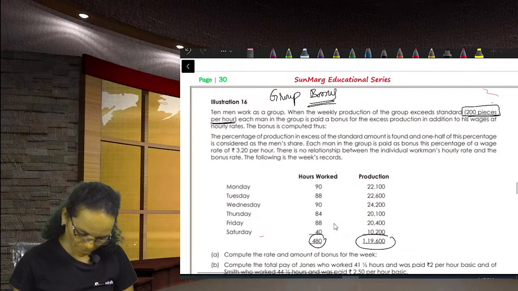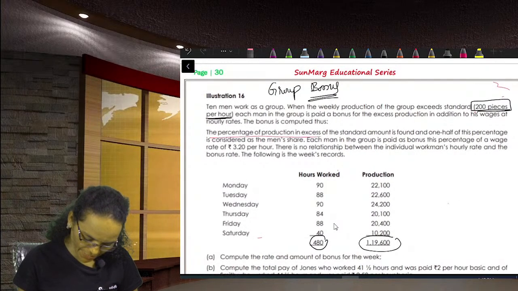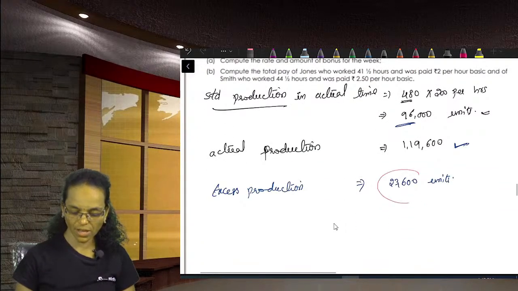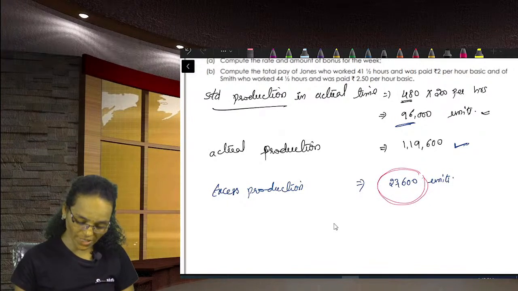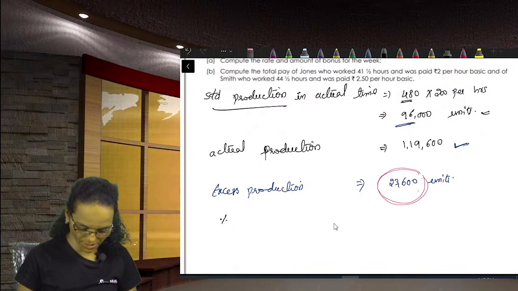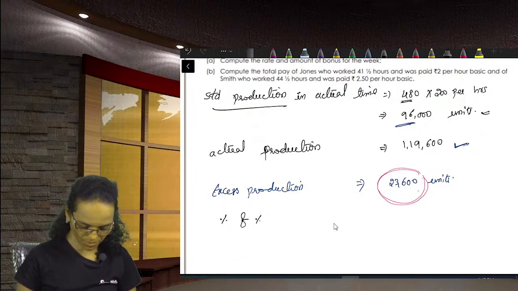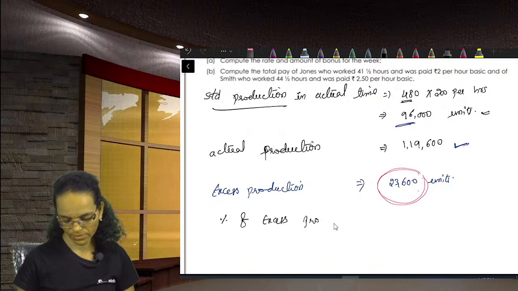See, again come back to the question: the percentage of production in excess of the standard amount. These many units they produced in excess, so what is the percentage of excess production?